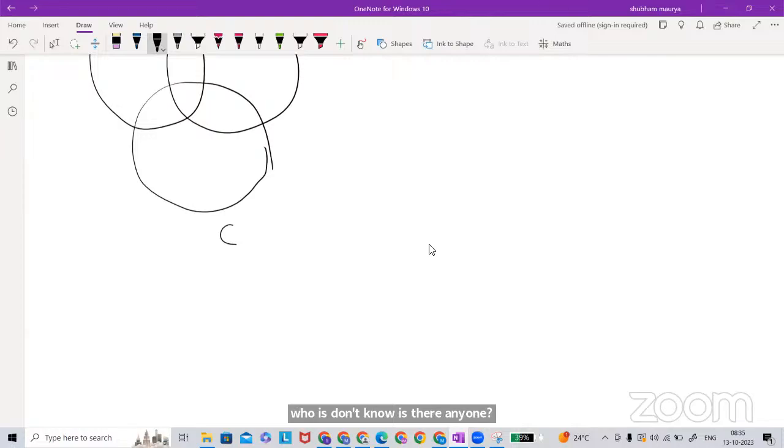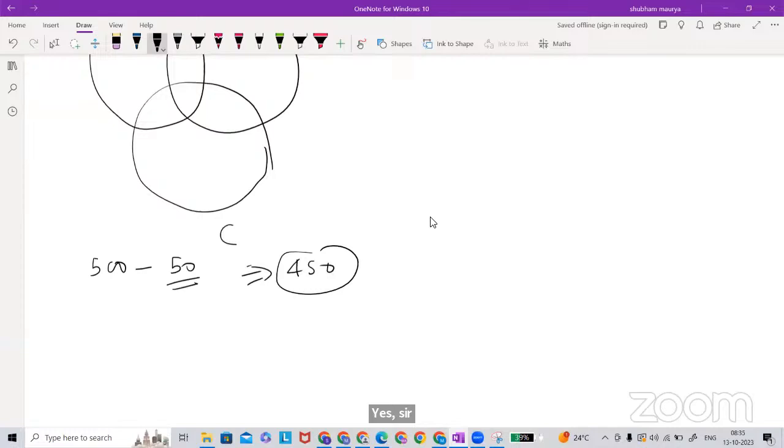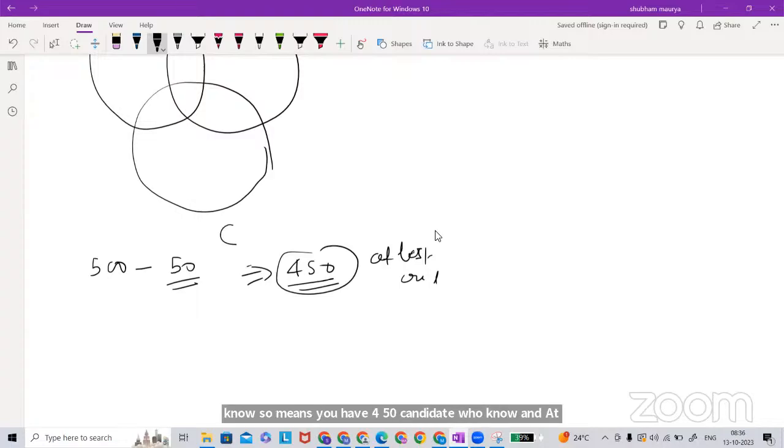So 50 from 500 don't know, which means you have 450 candidates who know at least one of the languages. So from the 450 we have to find the answer.